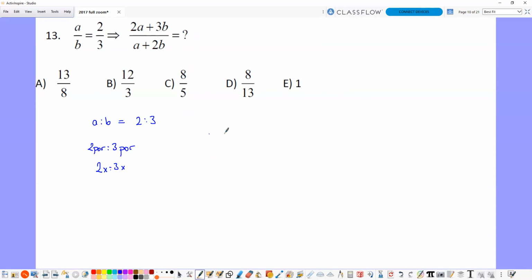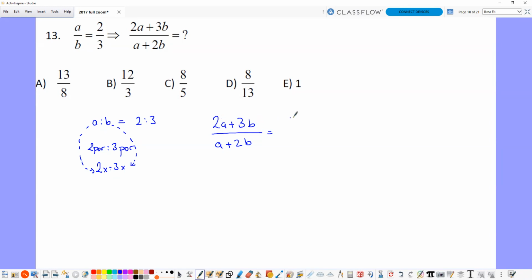With respect to this, I'm going to replace a and b in (2a + 3b) divided by (a + 2b). A is going to be equal to 2x, and b is going to be equal to 3x.